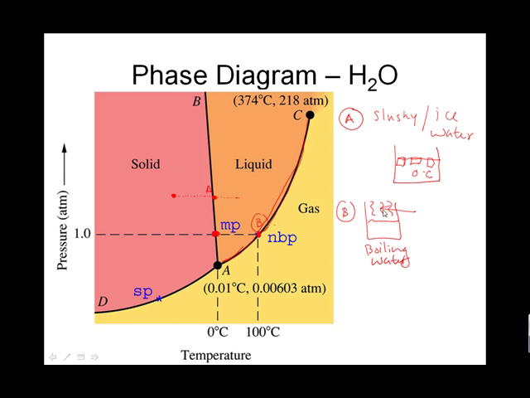So you have both the gas phase as well as the liquid phase. So it looks like boiling water here. And that's why it says normal boiling point here. This is all boiling. This is the boiling temperature at specific pressure, or at varying pressure.